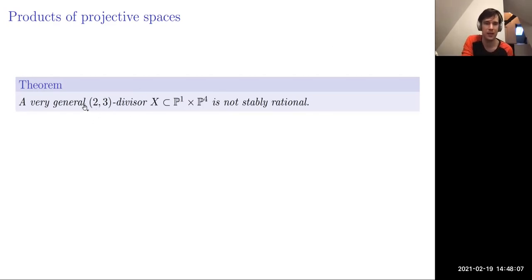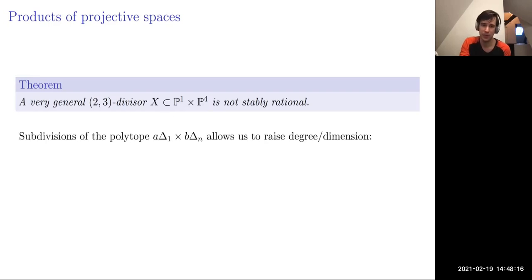So if you consider a very general 2-3 divisor inside P1 cross P4, those are stably irrational. And in fact, if we know that this is stably irrational, then all of the other bidegrees follow from degenerating into this.